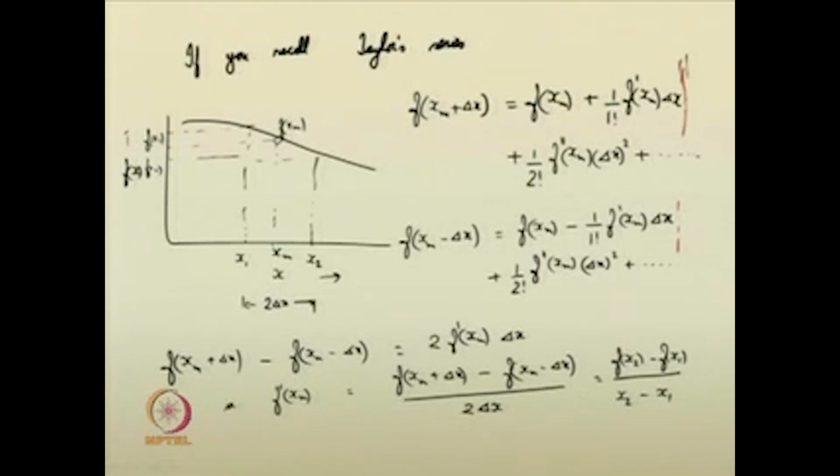So, this was the same expression you had obtained for the direct step method, del E by del x is equal to E 2 minus E 1 by x 2 minus x 1. This was how it was derived, and it was given as first order approximation.